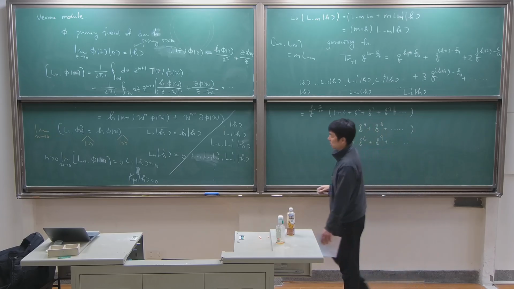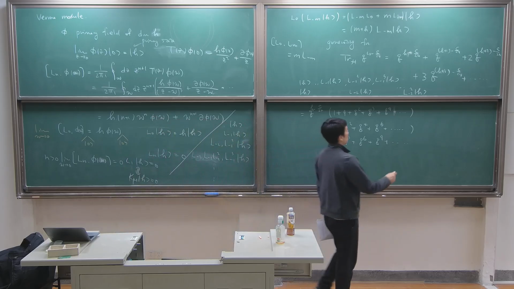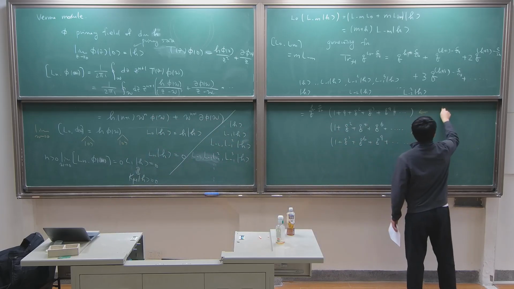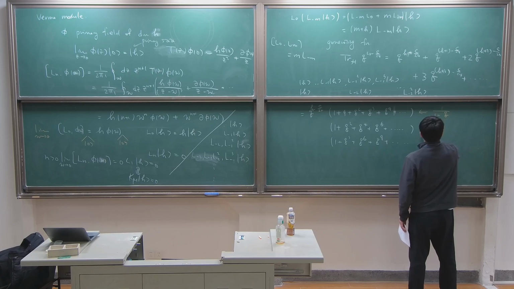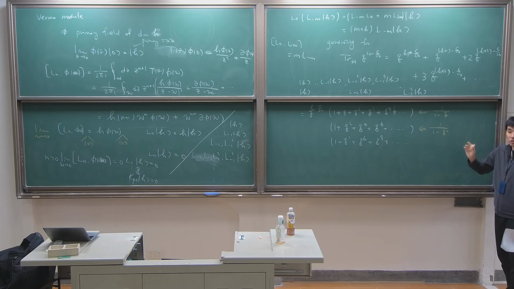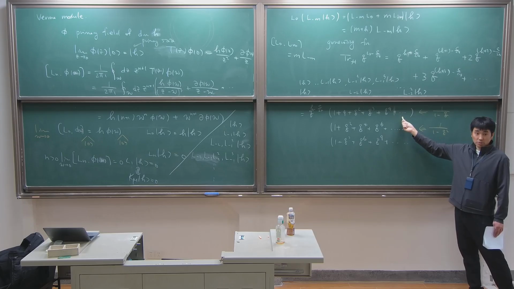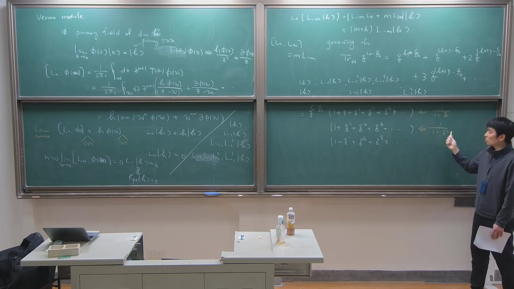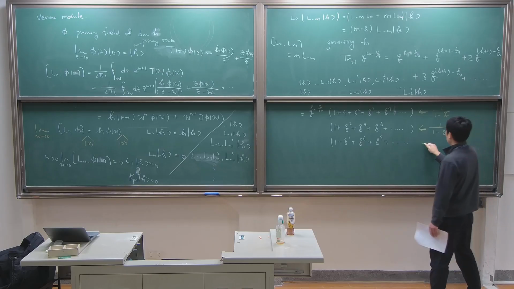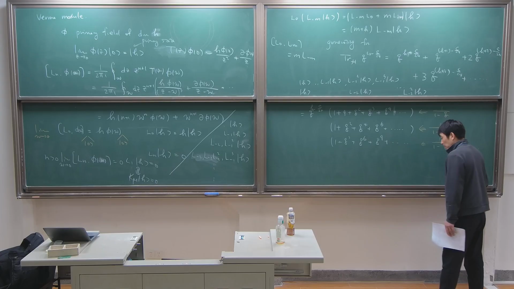And in fact, this one is just a geometric series, 1 over 1 minus q. This one is a geometric series, 1 over 1 minus q squared. If you do the Taylor expansion of 1 over 1 minus q, you get this geometric series, and this is also true for 1 over 1 minus q cubed.